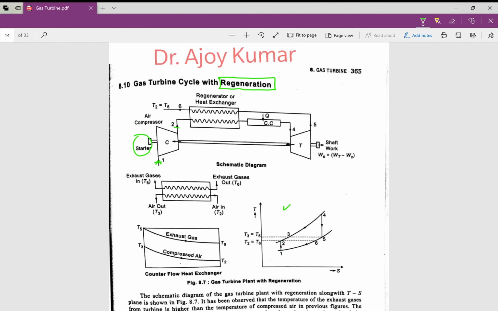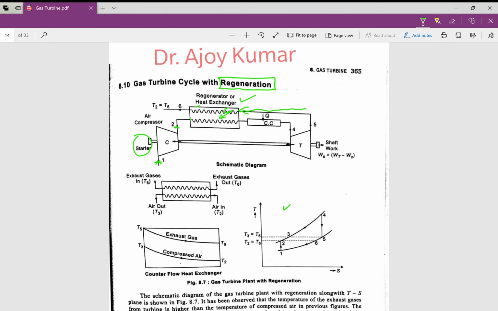After compression at point 2, this compressed air at high temperature goes to a regenerator or heat exchanger. In this regenerator or heat exchanger, there is heat transfer from the hot gas coming out of the turbine.